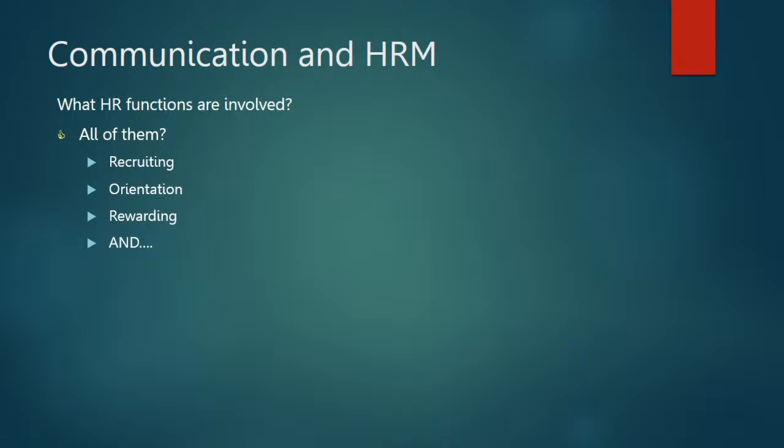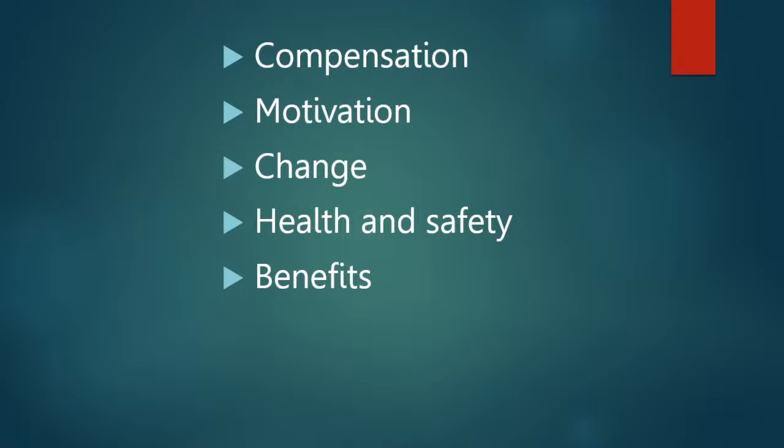It may be important in recruitment, orientation, compensation, and other functions as well. Like the other HRM functions, the role of effective communication is really vital in the compensation process and in the motivation process.